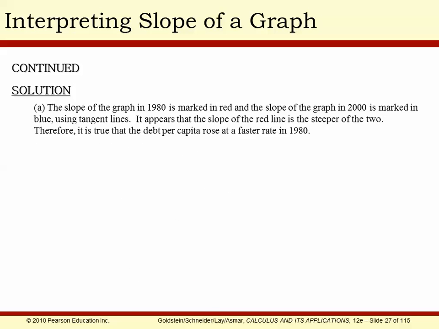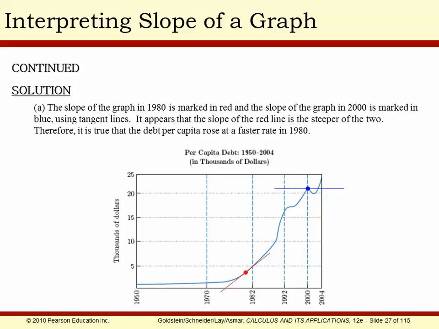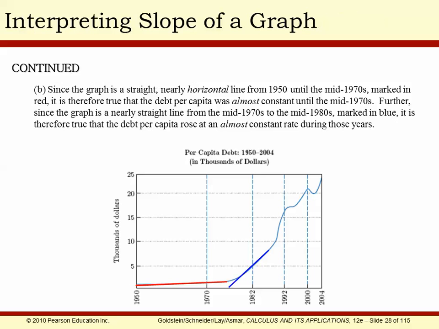Okay. So if we look at what's going on over here, from the mid-1950s through the 70s, the line doesn't change very much. So the rate of change over here is a constant rate of change. It might even be almost a zero rate of change. Then over here, it starts curving up pretty quickly.